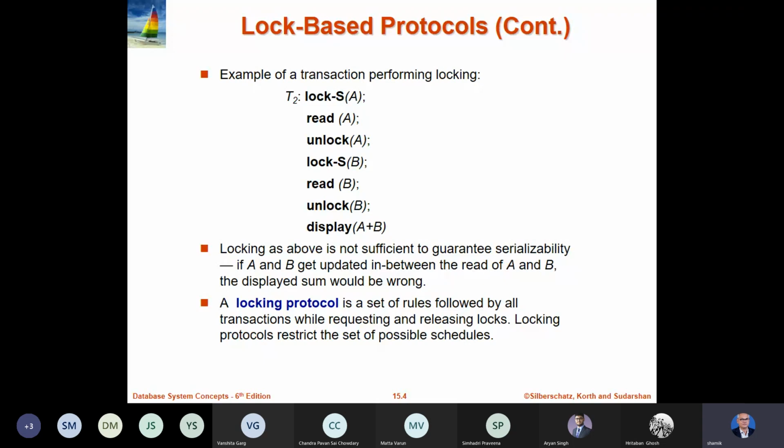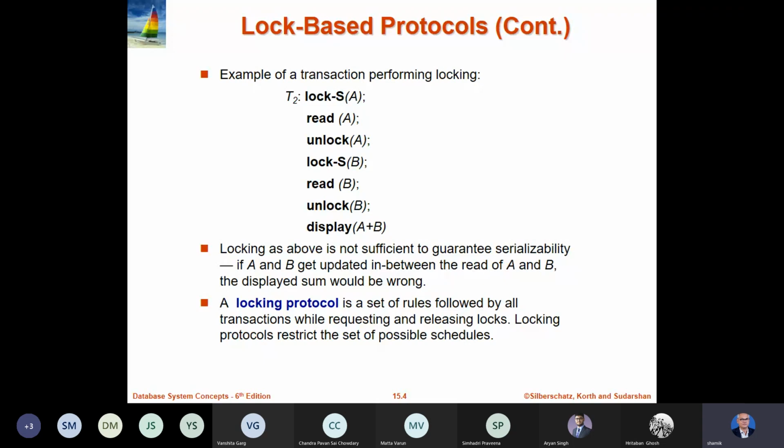So the point about locking is that just because we are talking about locking does not mean we can allow locking to happen in any arbitrary order. We have to ensure that only certain orderings of locking and unlocking are done so that the generated schedules are serializable. That is what is called a locking protocol, a set of rules followed by all transactions while requesting and releasing locks.